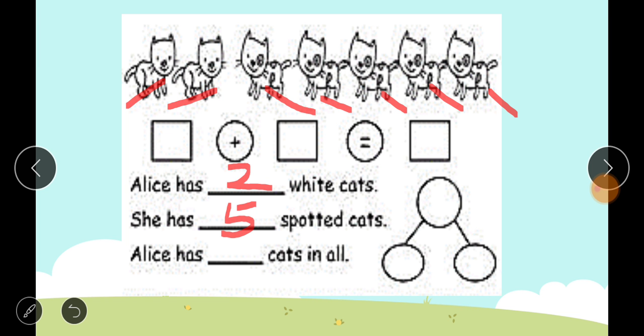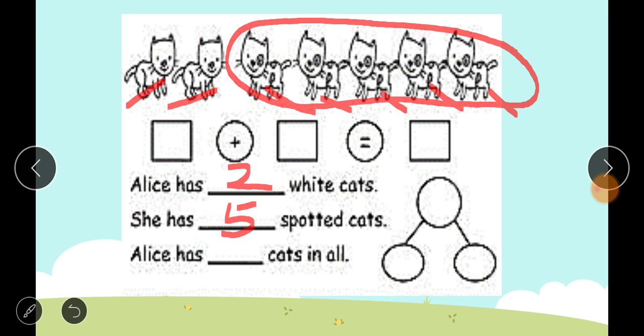So Alice has dash cats in all. How many cats does she have altogether? This is 5 here already. This is 5. So what do we do to help us count faster? We say 5, 6, 7. So she has how many cats? 7 cats. Let's write out the number sentence.